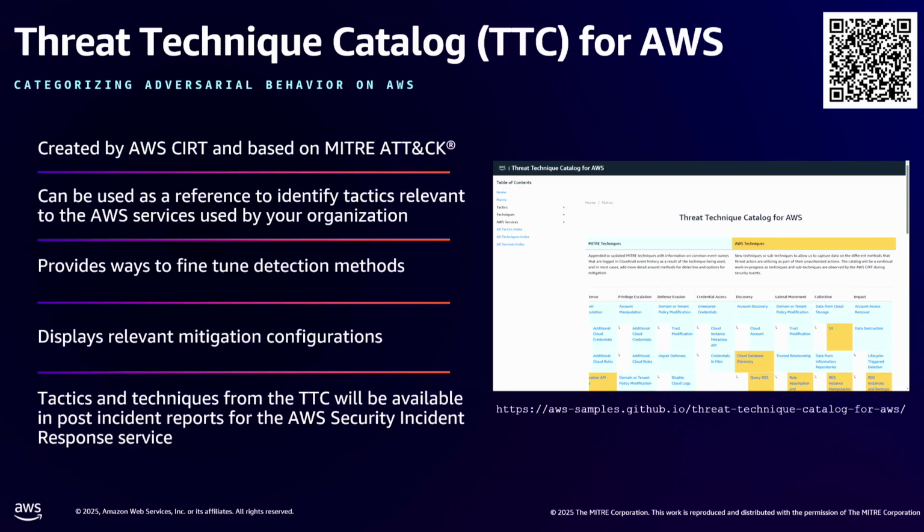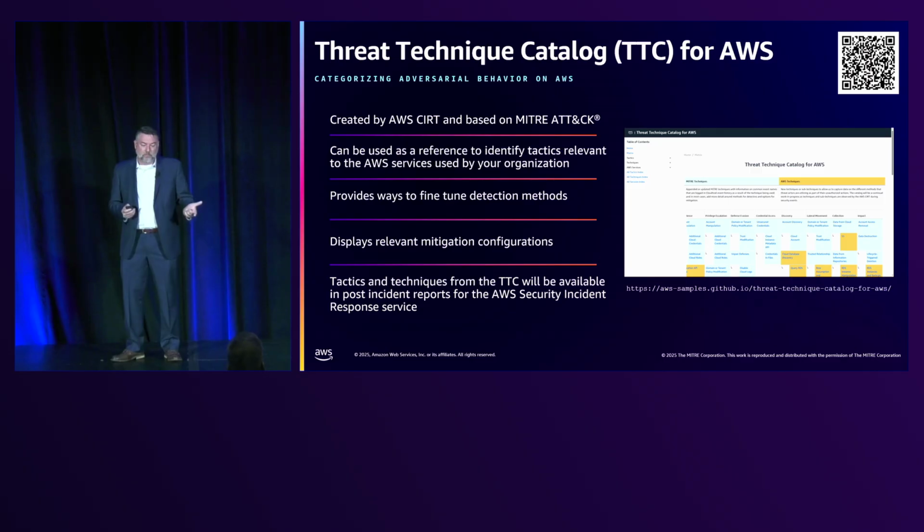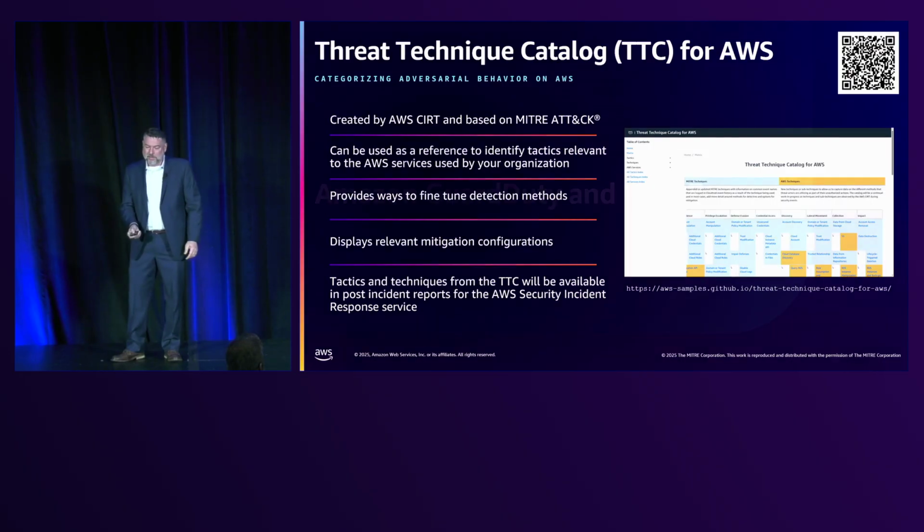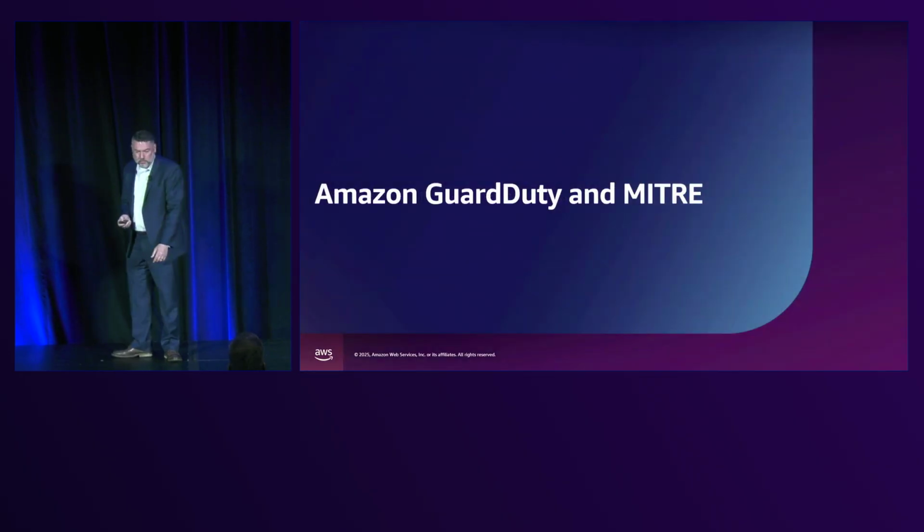It can be used as a reference to identify tactics relevant to AWS and used by your organization. It can also provide ways to tune those detection methodologies and display relevant mitigation configurations. And so I have this up here, get the QR code, take a look. And now I will turn it over to Shahar.